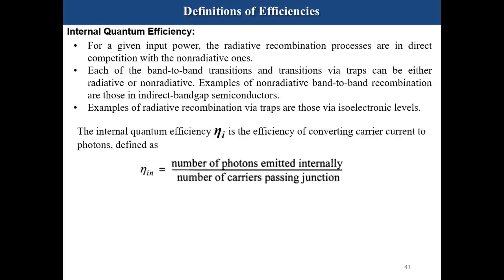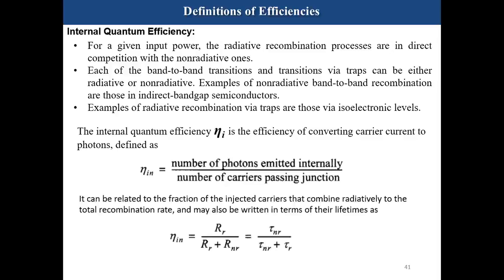The internal quantum efficiency is the efficiency of converting carrier current to photons. So it's basically the ratio between the number of photons emitted internally and the number of carriers passing the junction.